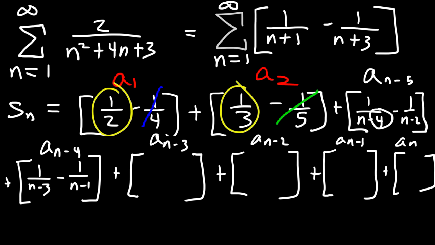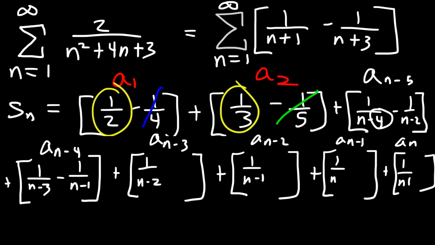So this is negative 4, negative 3, and then it's going to be negative 2, negative 1, and then n plus 0, or just n, and then the last one is going to be what we see here.